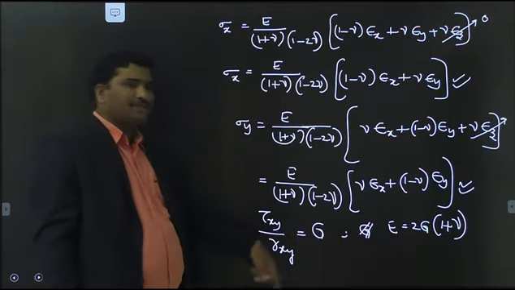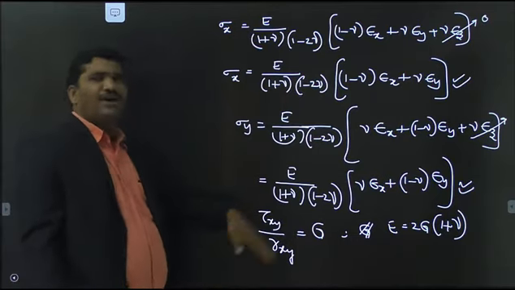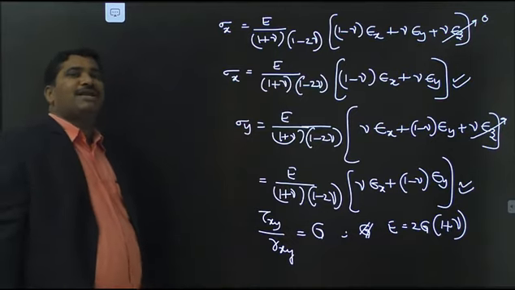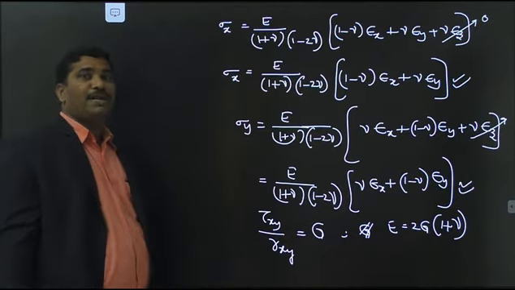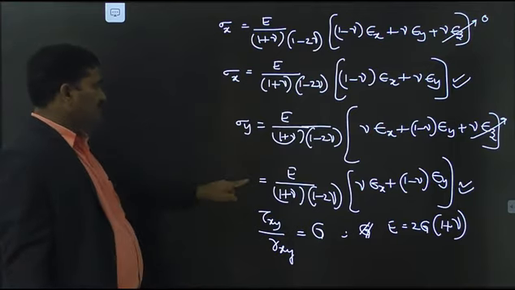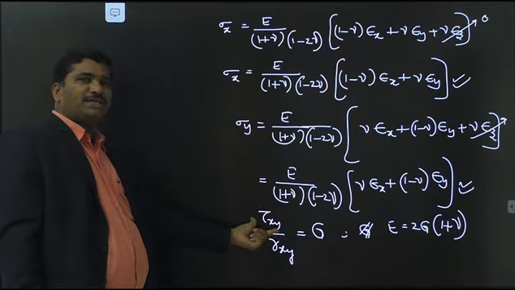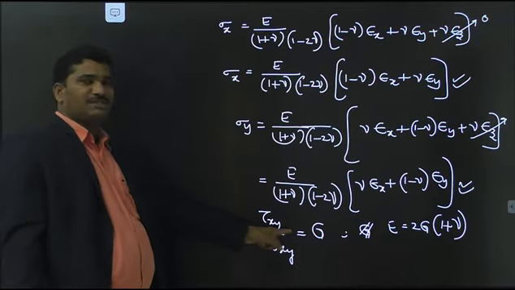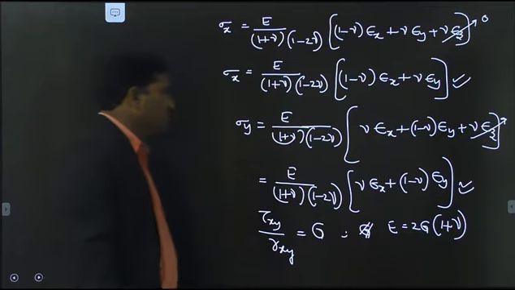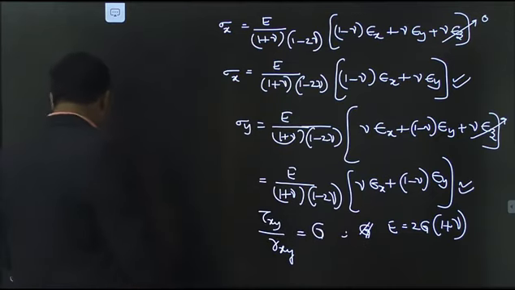Therefore, you can replace this G and modify the equation. Right? And you can express the stress-strain relations in matrix form for plane state of strain. This is for sigma x, this is for sigma y, and you get the expression for tau xy from this, replacing G using the equation E equals 2G into 1 plus nu.